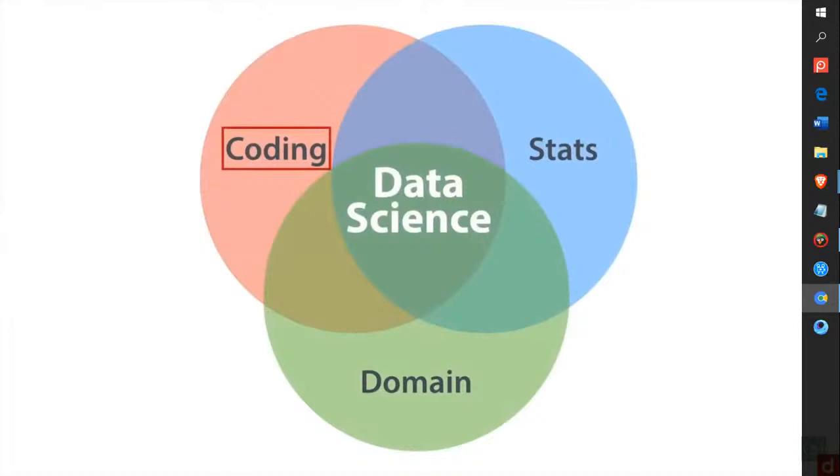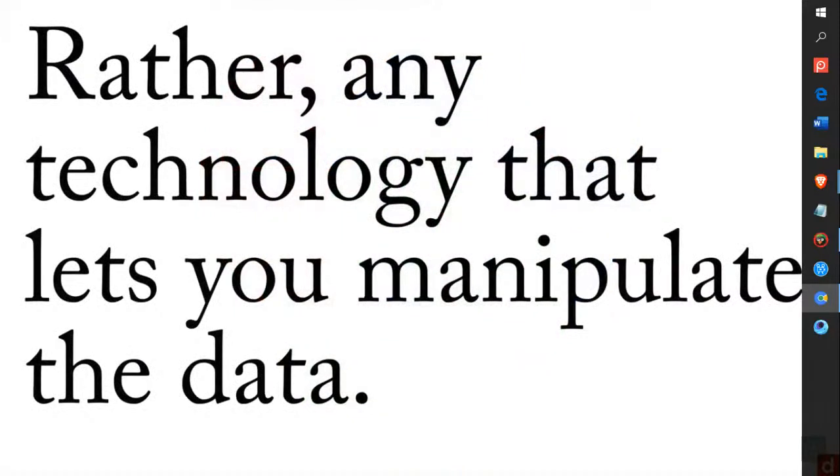And while we often think about people typing lines of code, which is very frequent, it's more important to remember when we talk about coding or just computers in general, what we're really talking about here is any technology that lets you manipulate the data in the ways you need to perform the procedures you need to get the insight that you want out of your data.